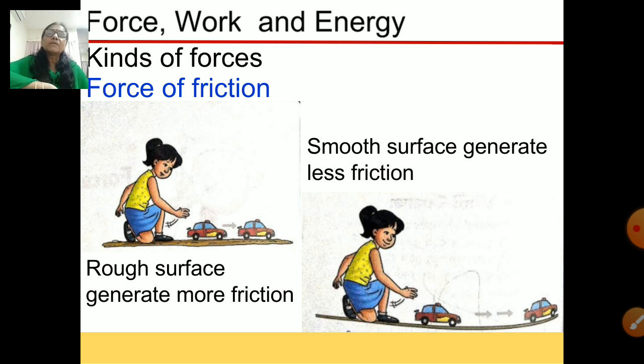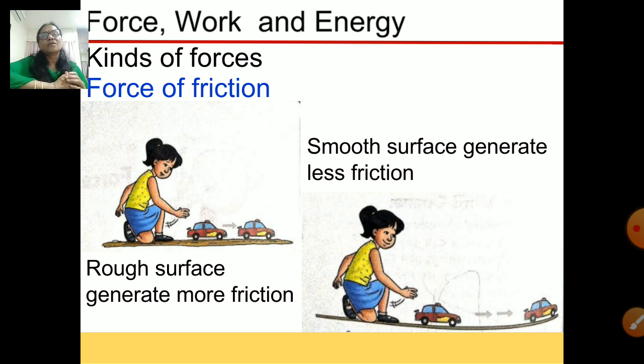So a force acts on this toy car and makes it stop after some distance. This force acts in the opposite direction of the motion of the car, and this force is called the force of friction.